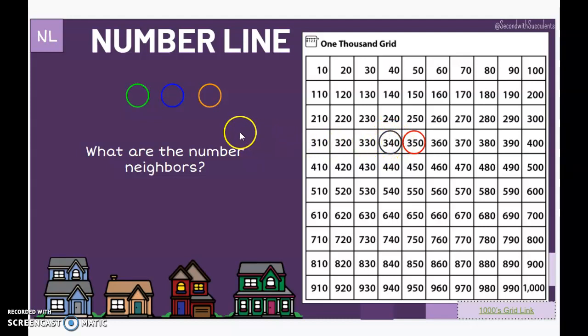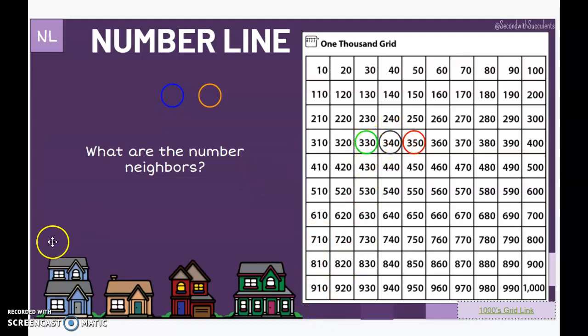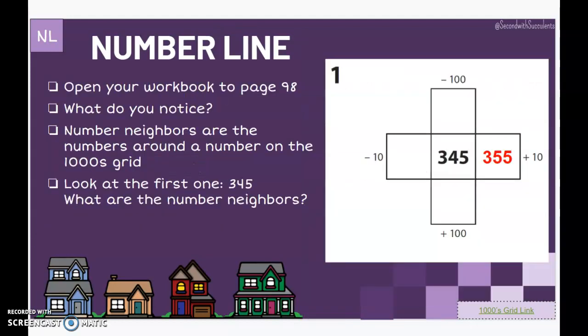And we know that the number in the tens place would change, but the number in the ones place would not. So if a number neighbor 10 less than 340 is 330, the number neighbor 10 less than 345 must be 335.